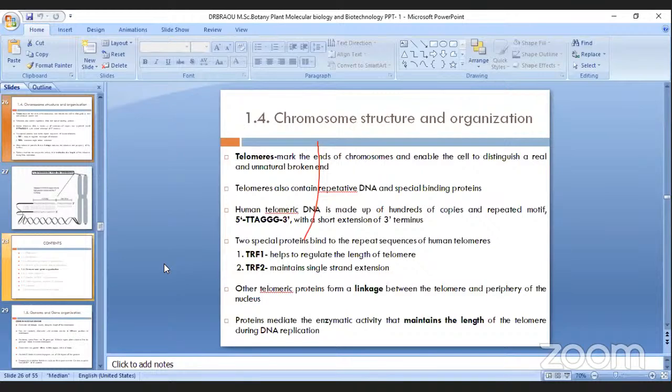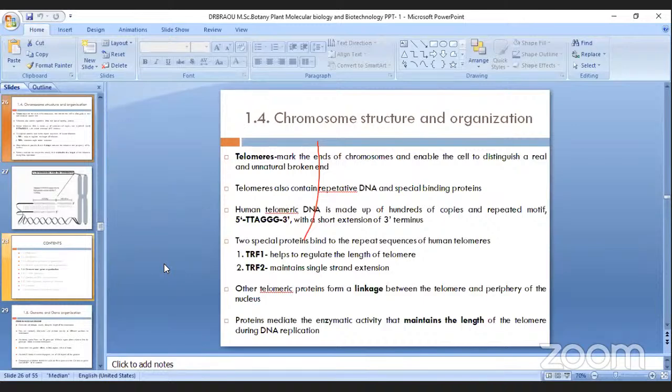These telomeres also contain repetitive DNA like centromeres, and special binding proteins. Generally, the human telomeric DNA is made up of hundreds of copies of a repeated motif, 5' TTAGGG 3', with a short single-strand extension at the 3' terminus. From the 5' terminus to the 3' terminus, you'll have this repeated motif.